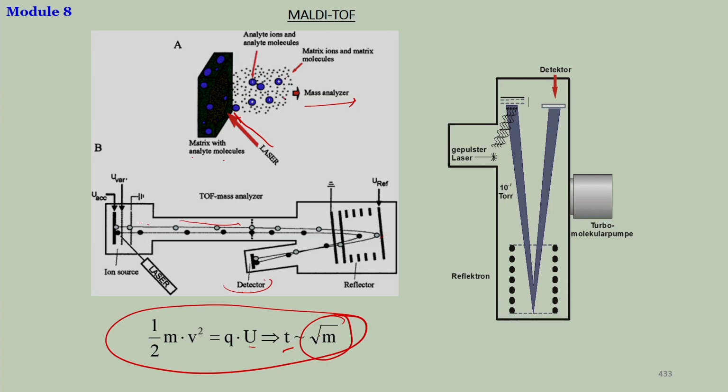So, time is proportional to the root of mass. This is the equation for TOF, time of flight.